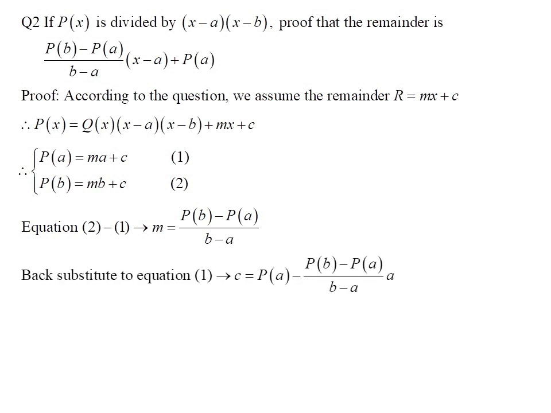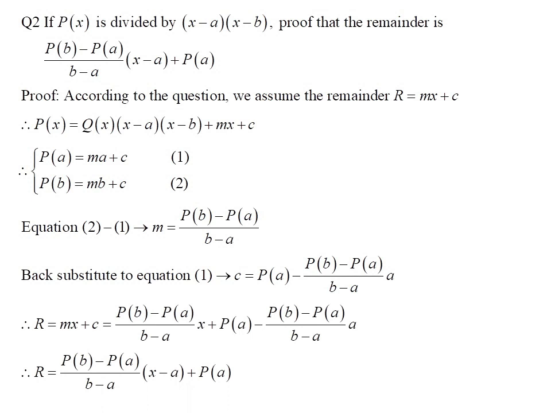Then we back substitute the expression of m into equation 1 to find the expression of constant c, which equals p(a) minus the result of (p(b) minus p(a)) over (b minus a) multiplied by a. Hence, we have found the expression of both m and c in terms of p(a), p(b), a, and b.